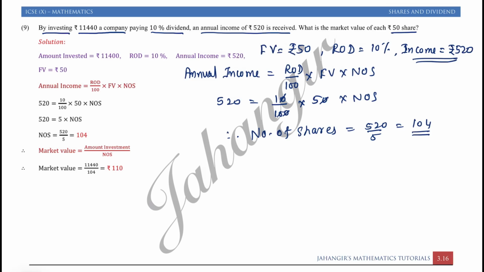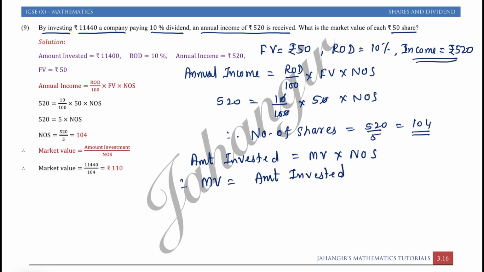Now total investment is given, we have to find market value. So we know amount invested is equal to market value into number of shares. So therefore making market value as a subject, we can write market value is equal to amount invested upon number of shares.